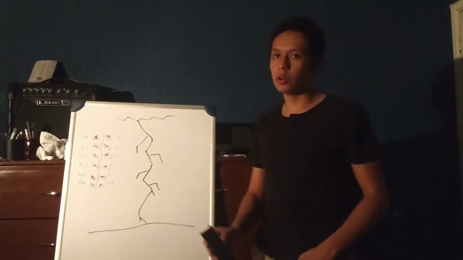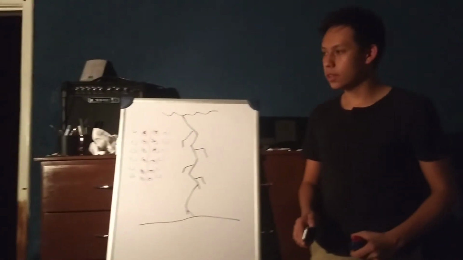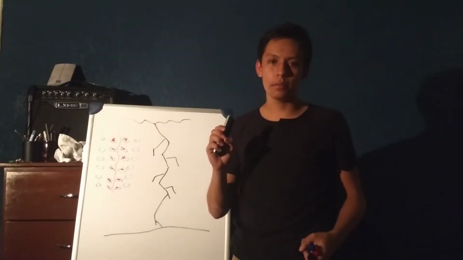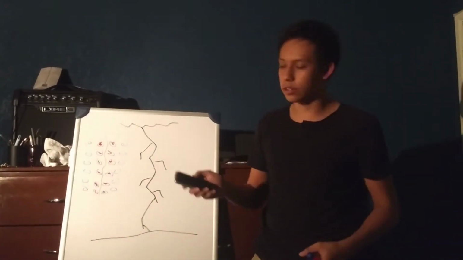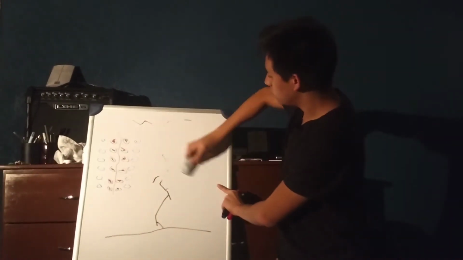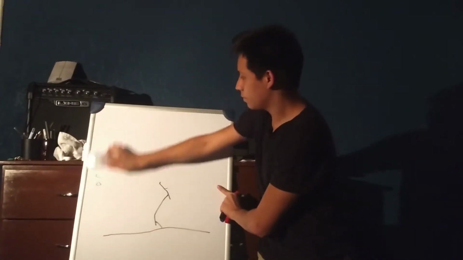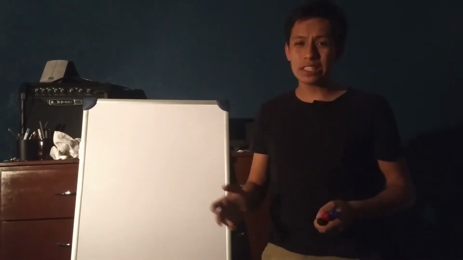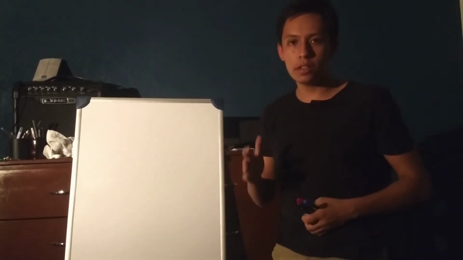So now, in order to conclude, I want to talk about maths, not really physics. I want to talk about a mathematical entity called a fractal. So I'm going to erase this. Now I'm going to explain what a fractal is. A fractal is a mathematical entity that self-replicates.